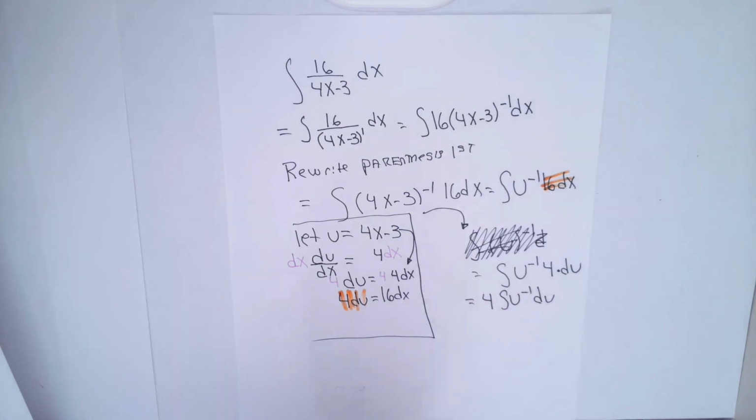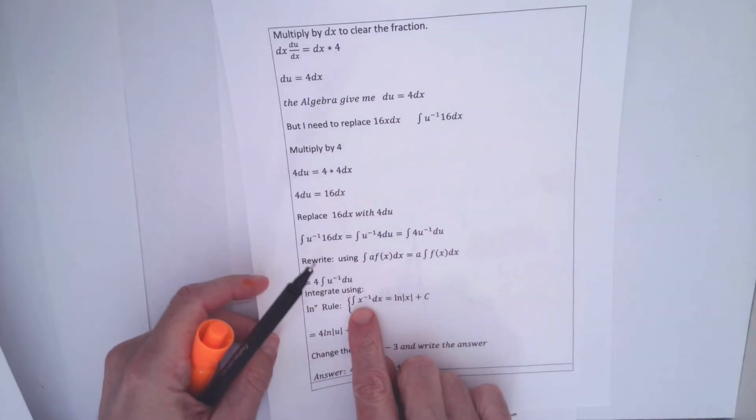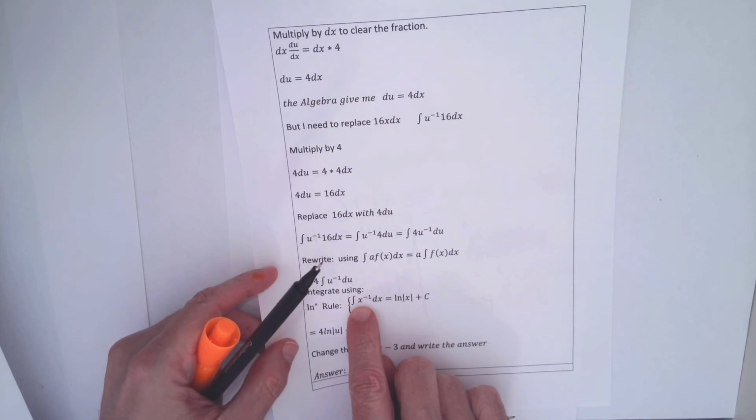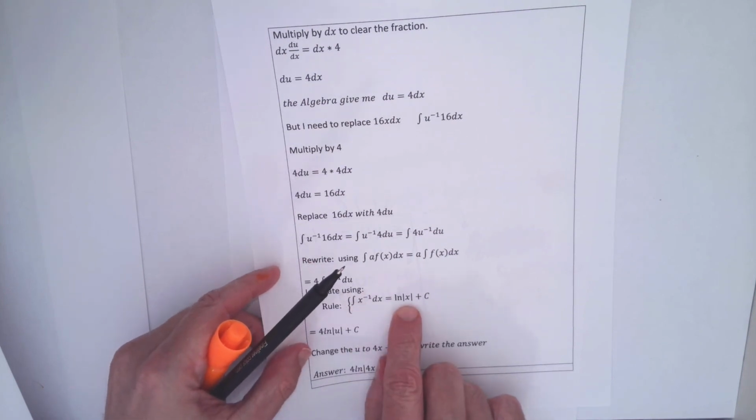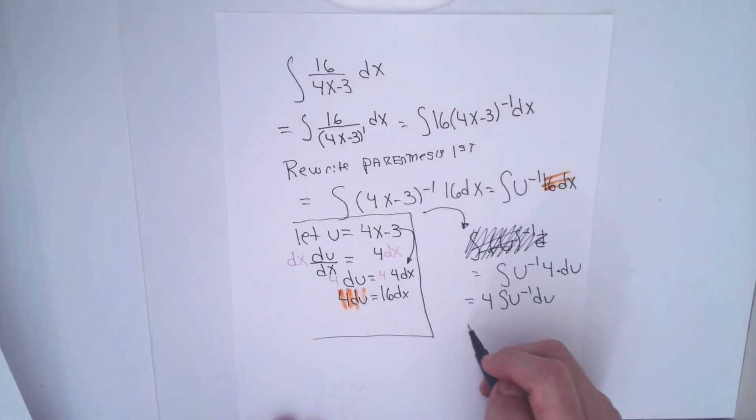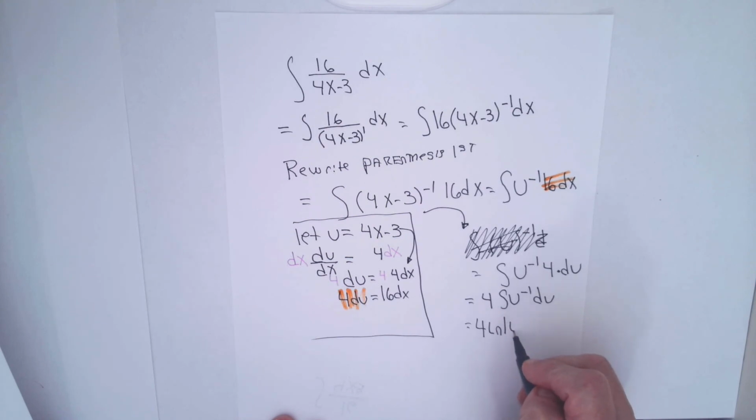When I have negative 1 exponents, those are ln's. The x to the negative 1 integrates to the ln of x. U to the negative 1 is going to integrate to the ln of u. So this is going to turn into 4 times the natural log, technically, of the absolute value of u plus c.